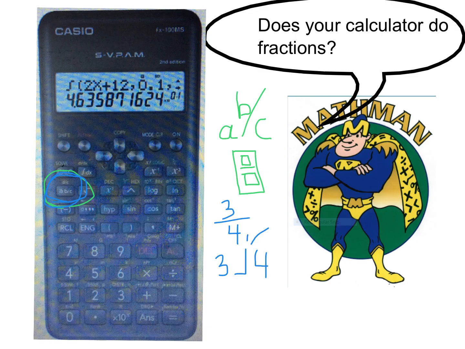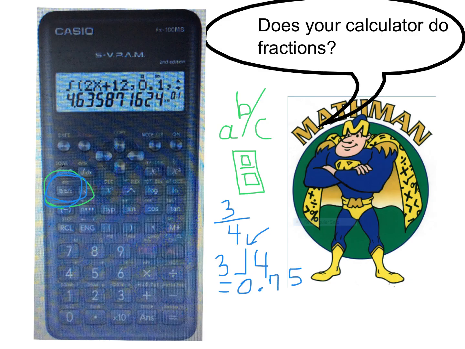And this little backwards L symbol is how your calculator tells you that you just put a fraction in. And so it looks a little weird, but that's how it writes a fraction. If you press that ABC button again on most calculators, it will give you the decimal equivalent, 0.75.